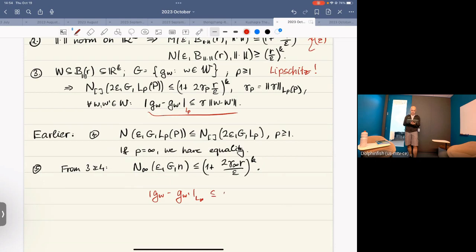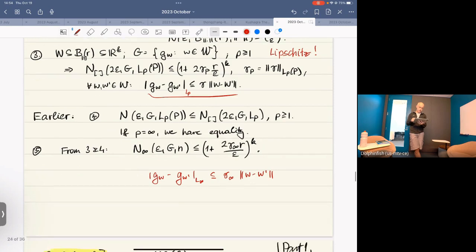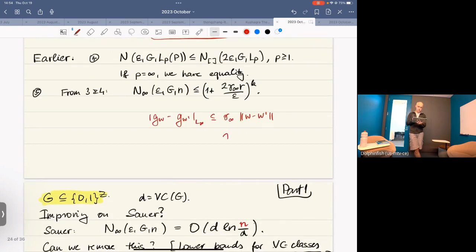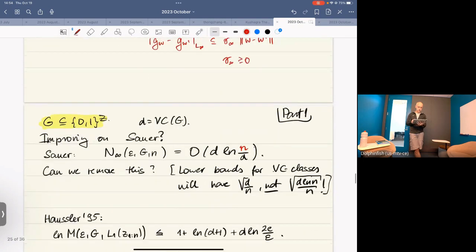This is upper bounded by some constant gamma infinity times the distance between w and w' in the norm that you have chosen. And here this gamma infinity is just this constant amplification factor, the Lipschitz constant.